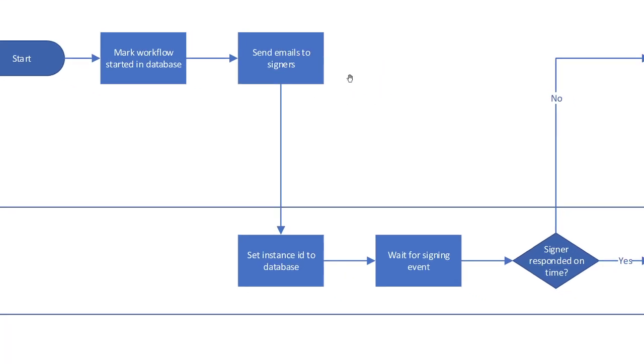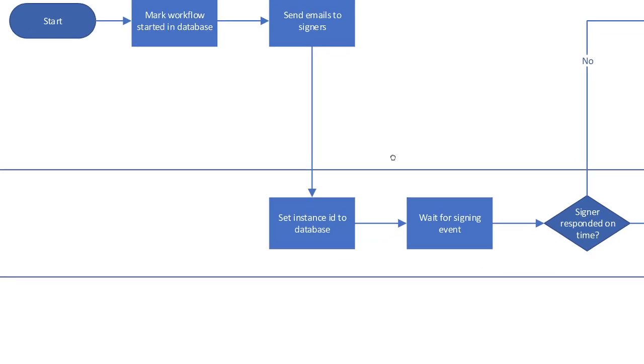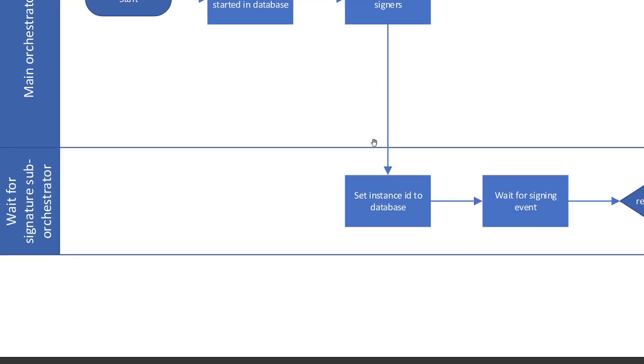And then we'll send those emails to all the signers. And once we've done that, we'll start this sub-orchestrator for each signer. So if we have 3 signers, we'll start 3 sub-orchestrator instances.